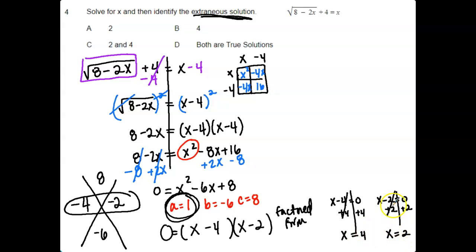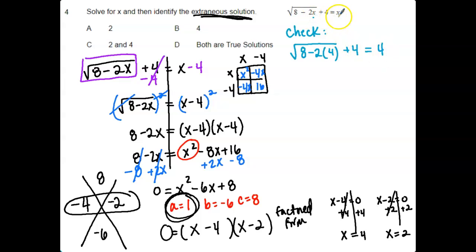Now we need to see if both of these are true. Maybe one of them's extraneous, the other one's true, or maybe both are extraneous. And the only way we can do that is by substituting and actually checking. So the square root of 8 minus 2, let's start with 4, and then plus 4 is equal to 4.